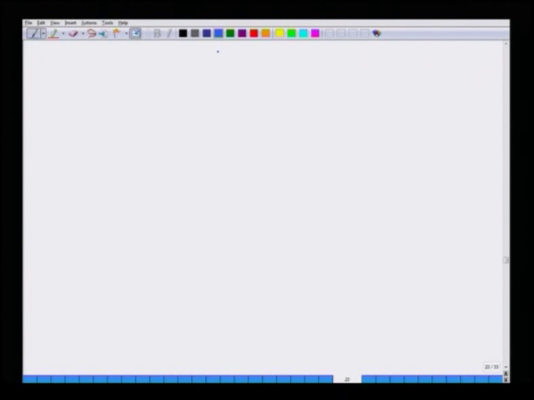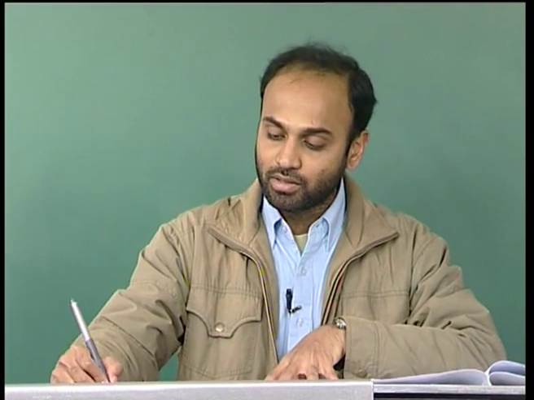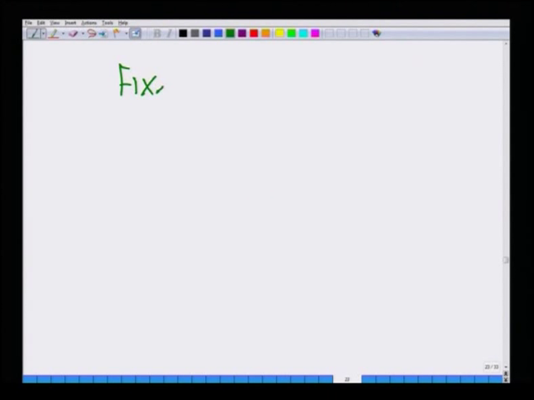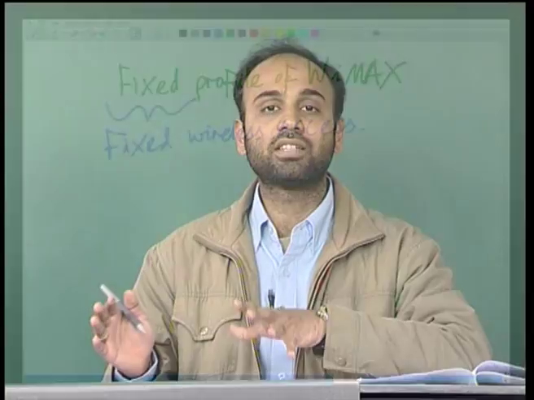One of those profiles is known as the fixed WiMAX profile, which is essentially used for fixed wireless access. So we are considering the fixed profile of WiMAX, which is used for fixed wireless access, where wireless devices are fixed.